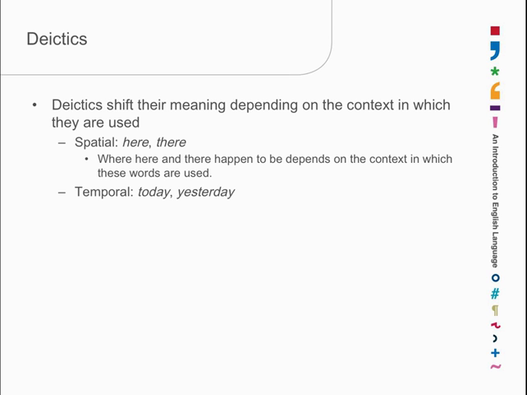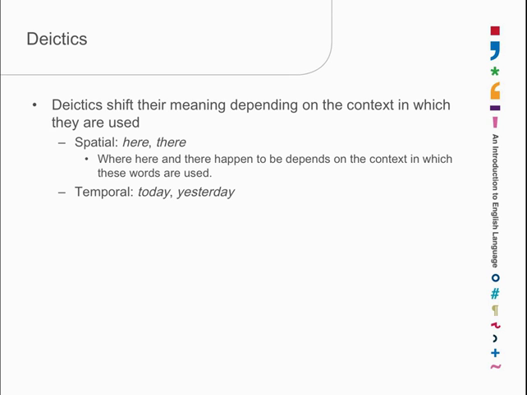Then there are temporal deictics, and again we've mentioned those in passing previously. Today is the 11th of June, and yesterday was the 10th of June, and the year is 2016. So that's the exact meaning that they take on in the current context, but it's not the same as how they would be in another context.